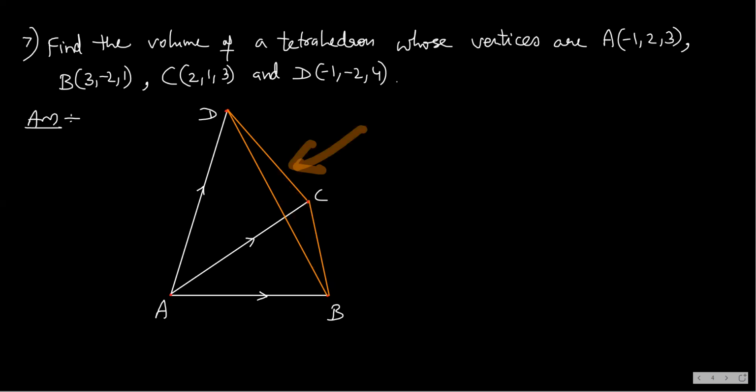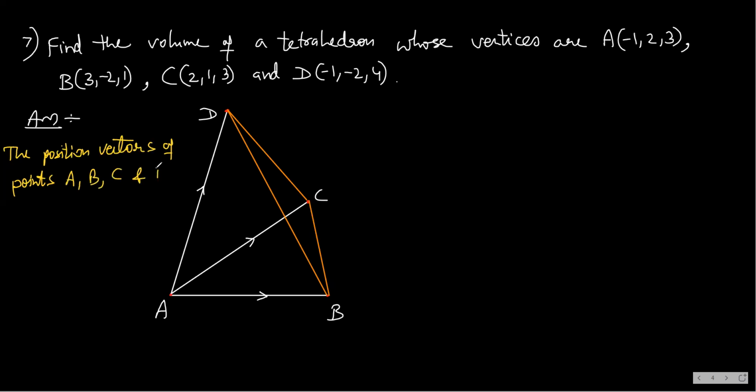From this side. So here now I have, see what I will write. I'll write here the position vectors of points A bar, B bar, C bar, and D bar are given as, see now I'll write A bar.